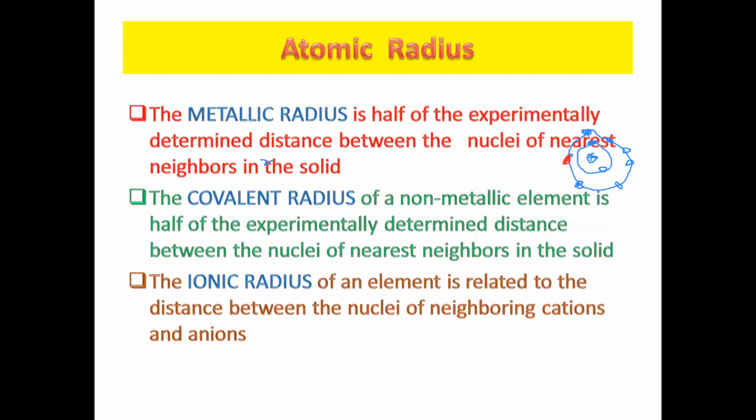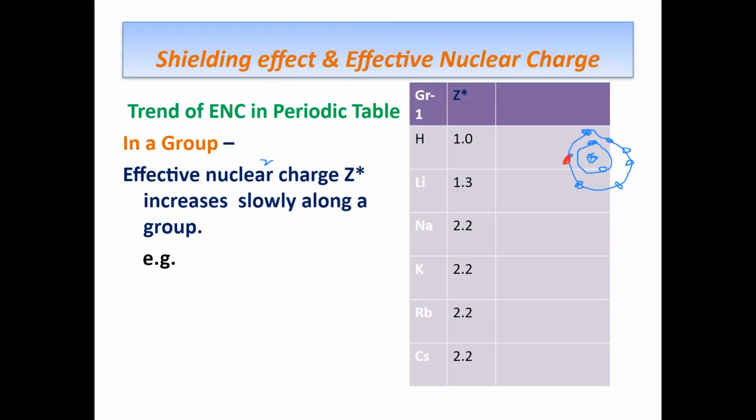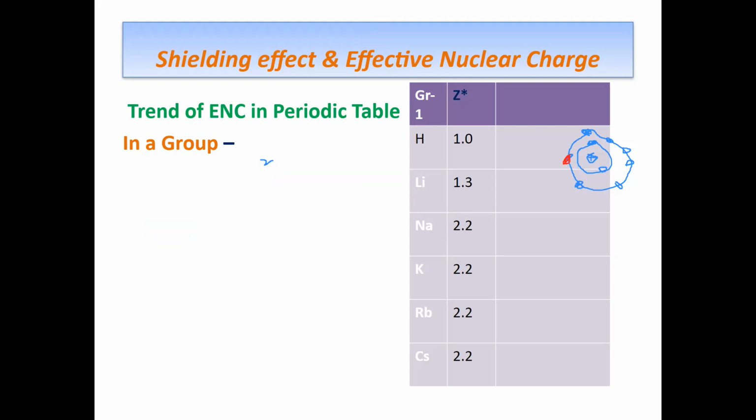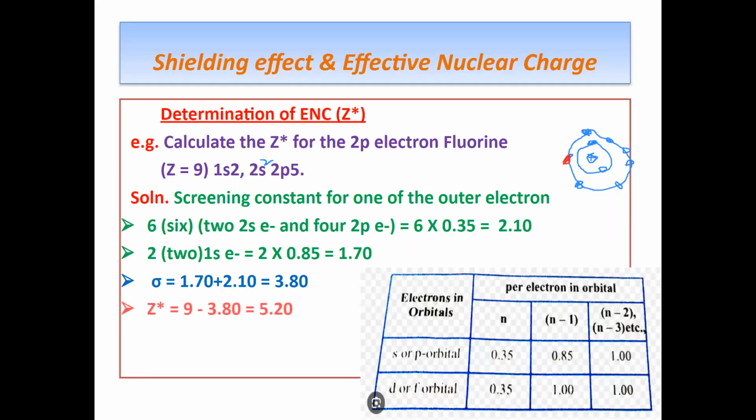Next properties. I think you are clear about effective nuclear charge and shielding effect. Any doubts? If you have, calculate it yourself. Take a lithium or sodium atom, 2.2, and check whether it is right or wrong. Take a rough paper and apply these formulas, this method, this tabular form.